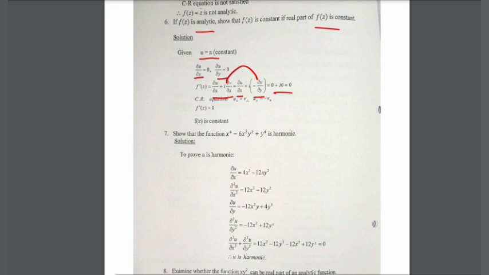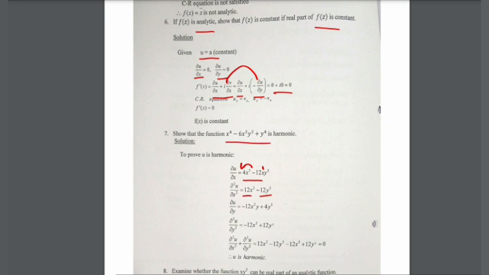Our next question: show that the function x⁴ minus 6x²y² plus y⁴ is harmonic. To prove u is harmonic, first of all I am taking the given function as u. Differentiate u with respect to x, I get 4x³ minus 12xy². Similarly, differentiate it again, I get 12x² minus 12y².